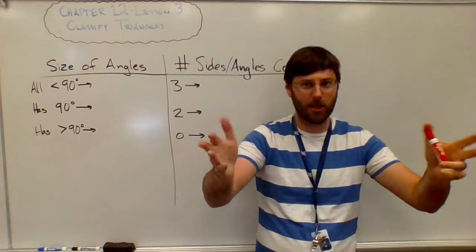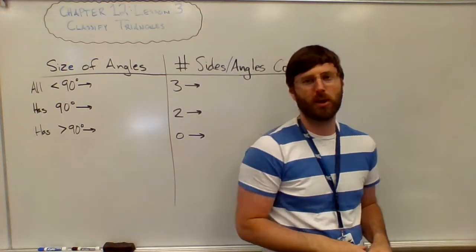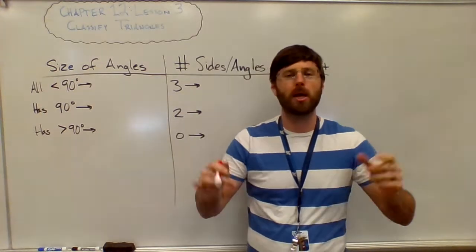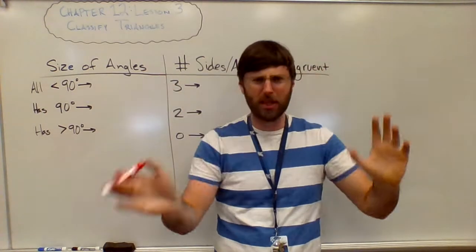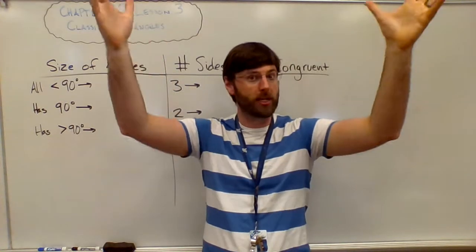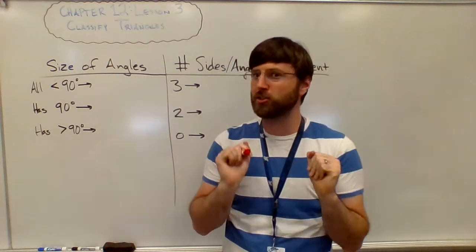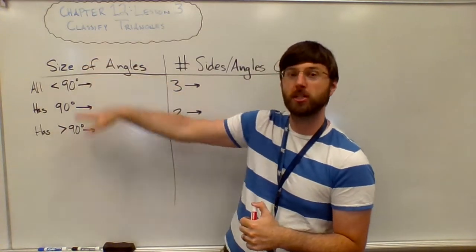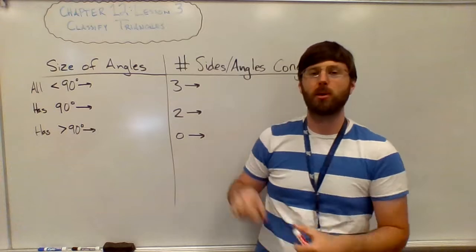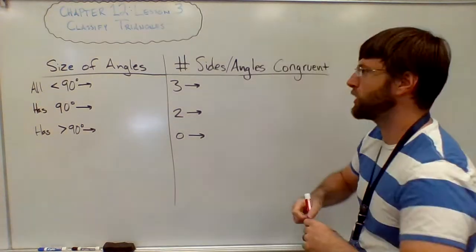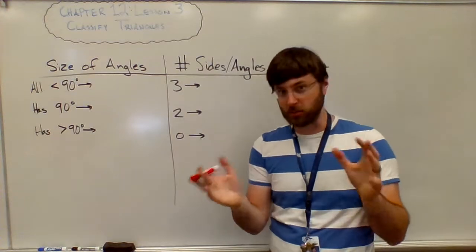A lot of us have forgotten them, and it's always good practice to work on these. We talked on Monday about how humans love to classify things, and that's where we're at right now. We've got polygons, and polygons with 3 sides are triangles, and now triangles that have certain sized angles get a special word, and those that have a certain number of sides and angles that are congruent get a special word. So let's go with that now.